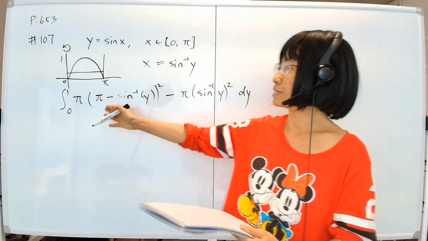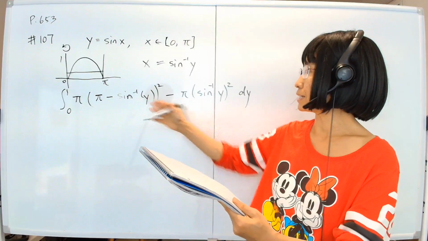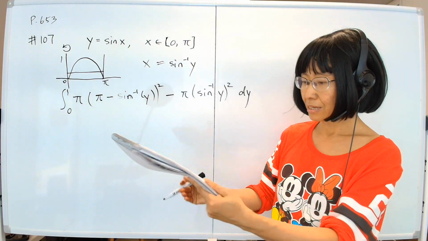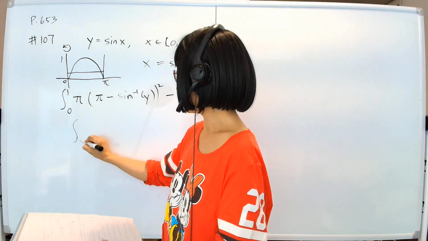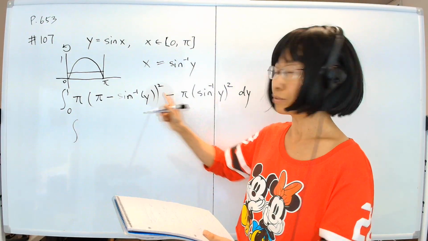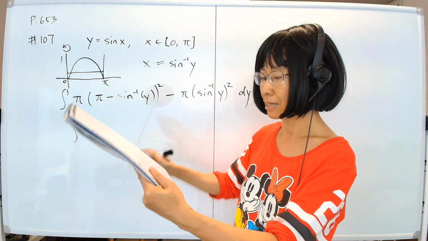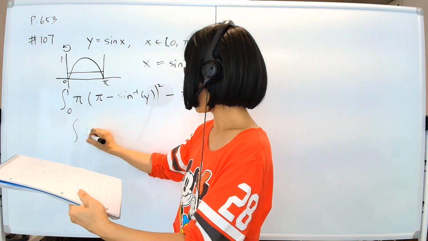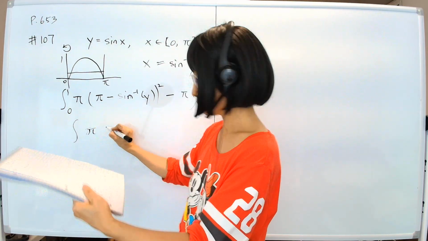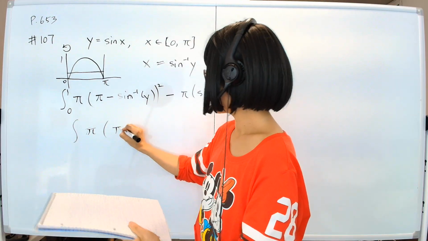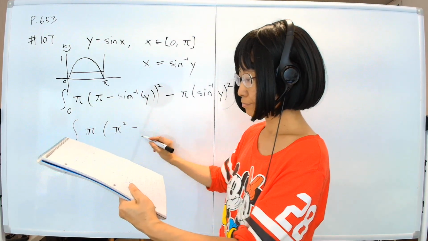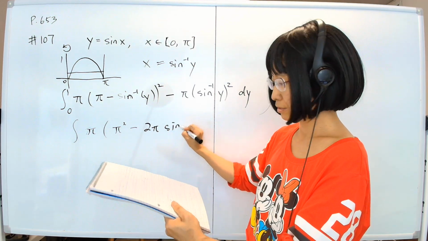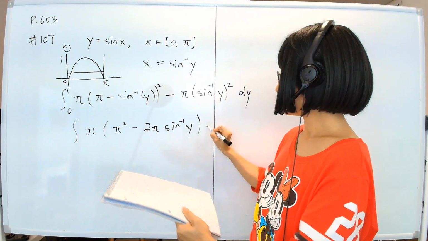Now, if you clean this expression up a little bit and multiply things out, you find yourself in a somewhat decent position where some of the squares get subtracted out. Then you end up with something like this: pi times the integral of pi squared minus 2 pi sine inverse of y dy.